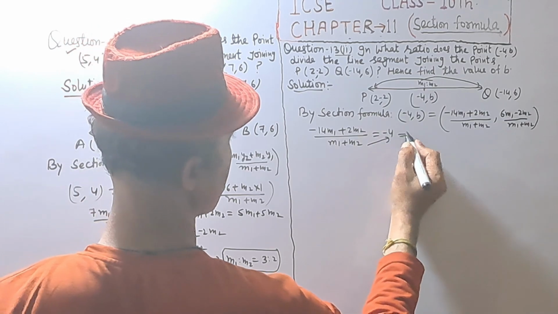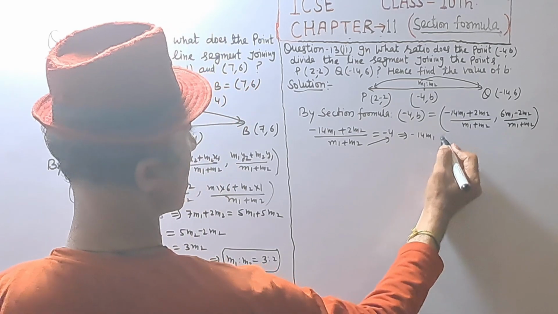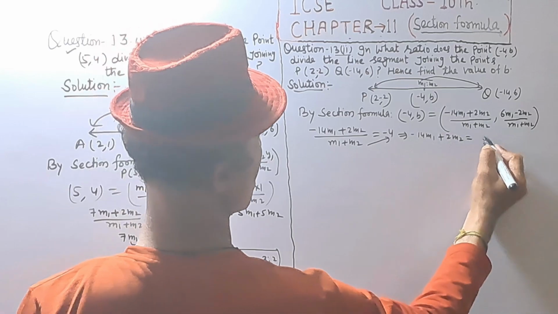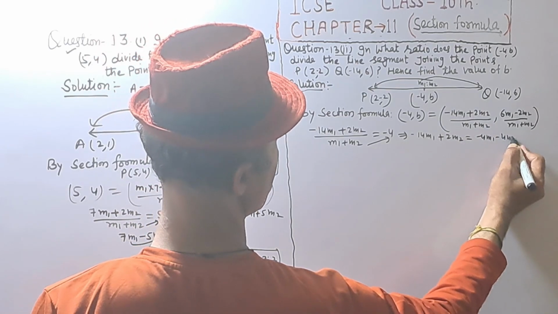Cross multiplying, minus 14M1 plus 2M2 is equal to minus 4M1 minus 4M2.